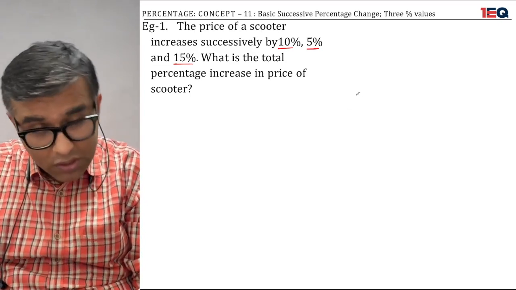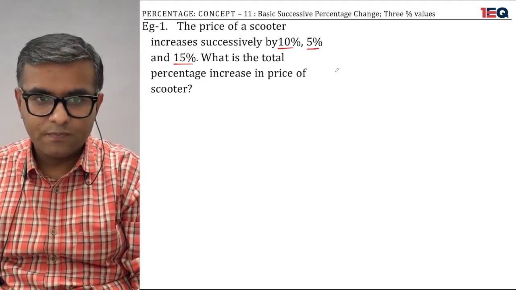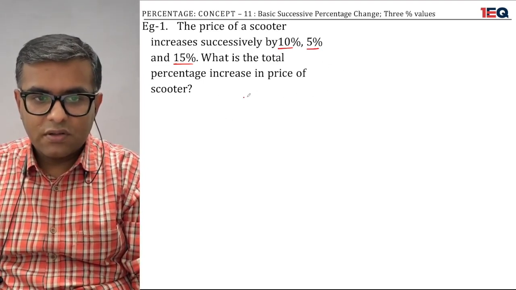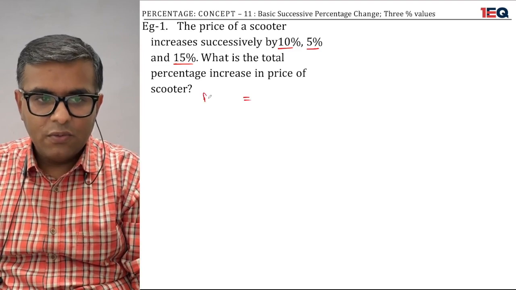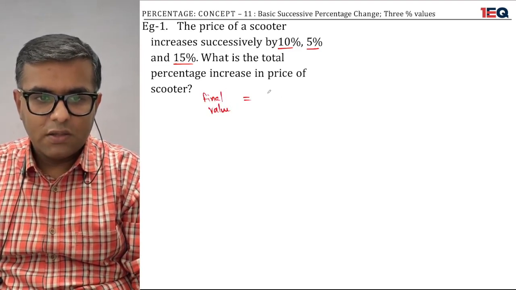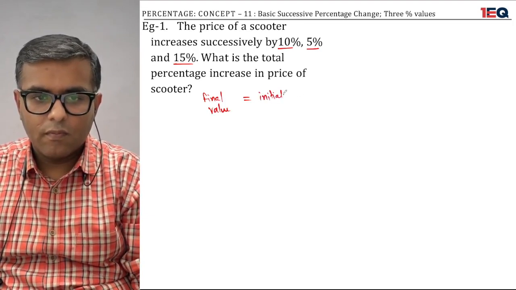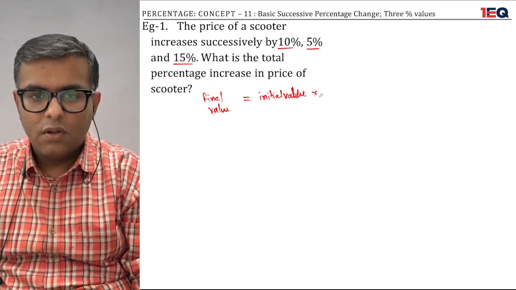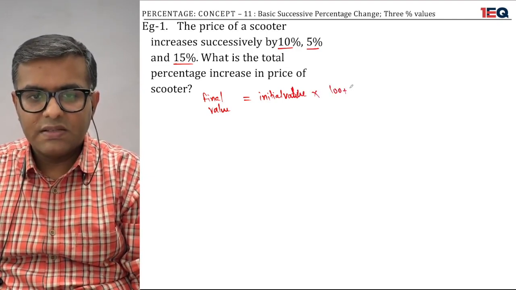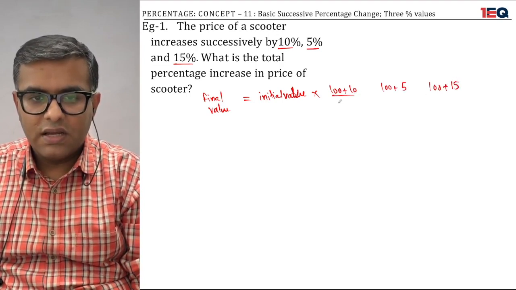I'll use the formula: the final value is equal to the initial value multiplied by 100 plus 10% for once, 100 plus 5% for the next, and 100 plus 15% for the last time.